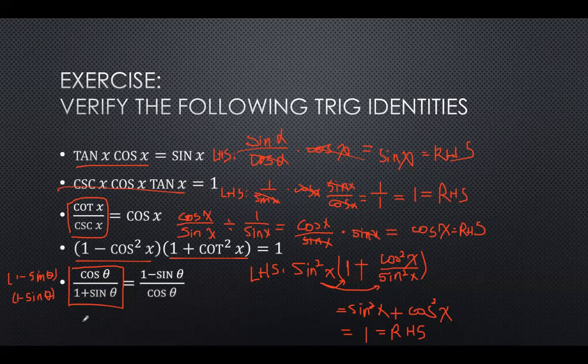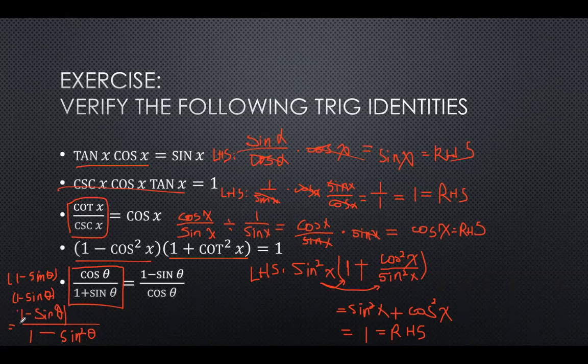Okay. So for the denominator, 1 minus sine times 1 plus sine, using the difference of squares formula, is basically 1 squared, which is 1, minus sine squared, and we can keep whatever happened on the numerator as it is.